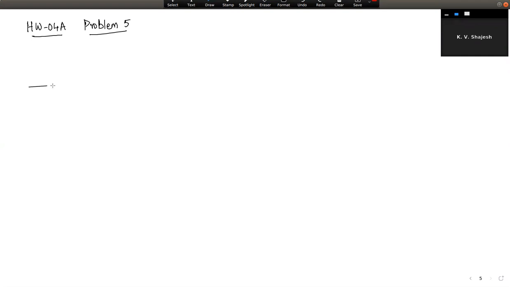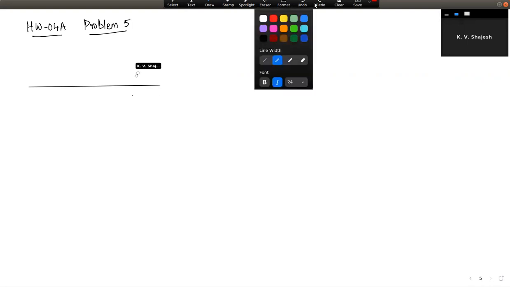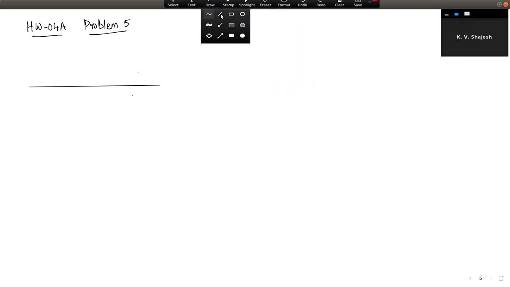So we have, that's the ground, and at one edge we have a goal which is about 3 meters high. So let me show that. So that's the goal.